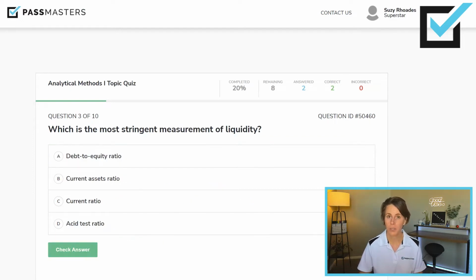Which is the most stringent measurement of liquidity? Debt to equity ratio, current assets ratio, current ratio, or the acid test ratio? When you think of liquidity, think of cash or easily convertible into cash.